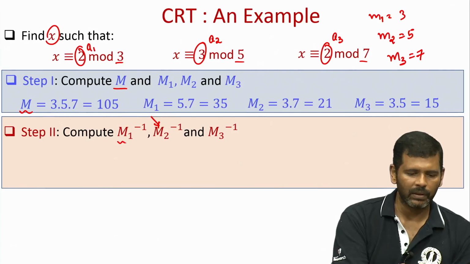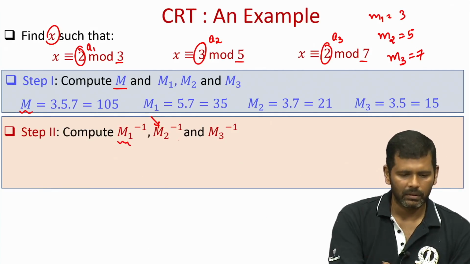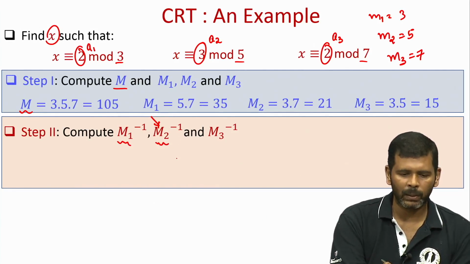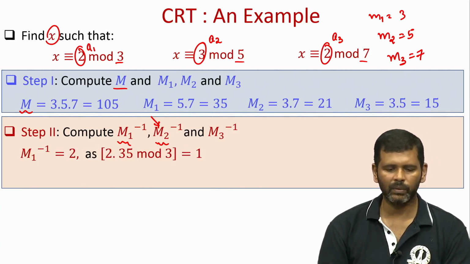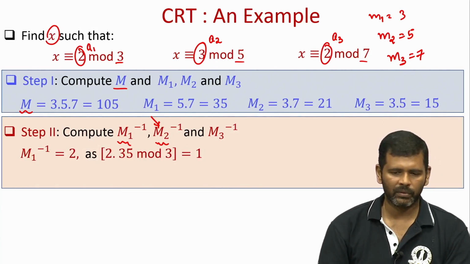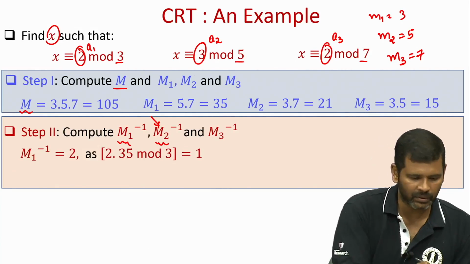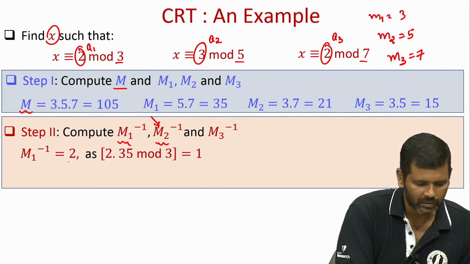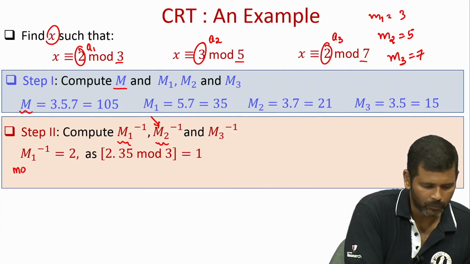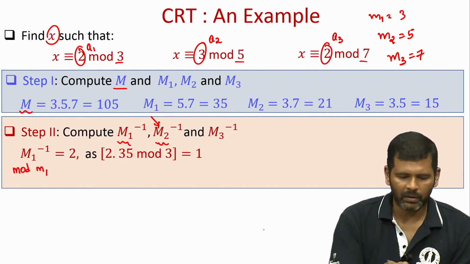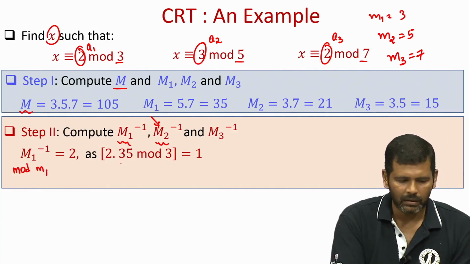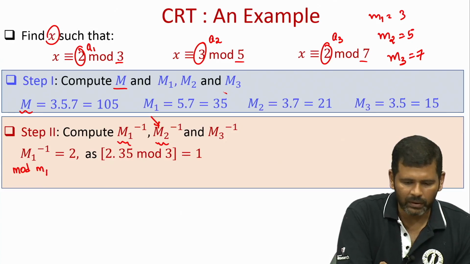Now, my next goal will be to find out M1 inverse modulo small m1, M2 inverse modulo small m2, and M3 inverse modulo small m3, which I can do by using the extended Euclid's algorithm. So, M1 inverse modulo small m1 will be 2, because you can see that your M1 is 35.